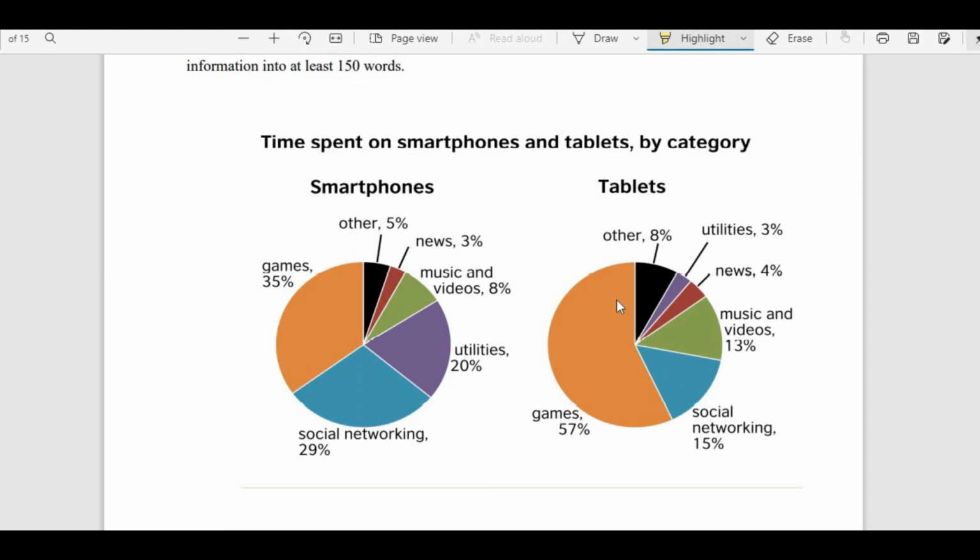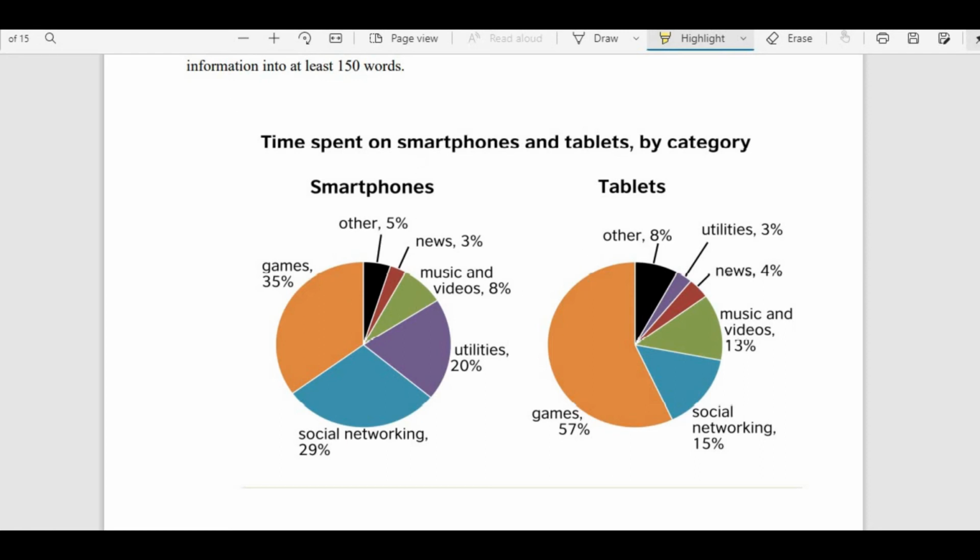All right, so there is a particular style in academic writing to describe these visuals. When you study the book, you come to know about how to describe visuals. So you begin like this: the pie chart shows a comparison between time spent on smartphones and tablets. Okay, so the language of comparison and contrast as well.